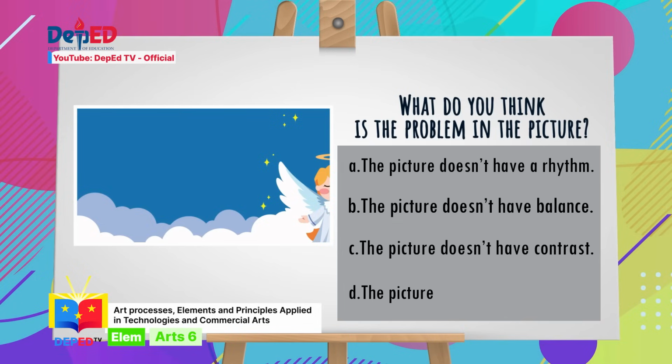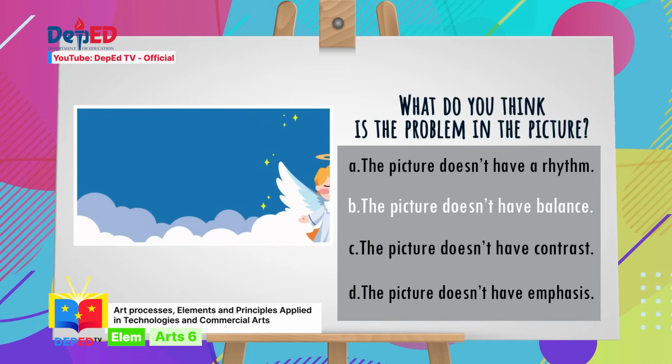D. The picture doesn't have emphasis. Time is up! If your answer is letter B, the picture doesn't have balance, you are correct.